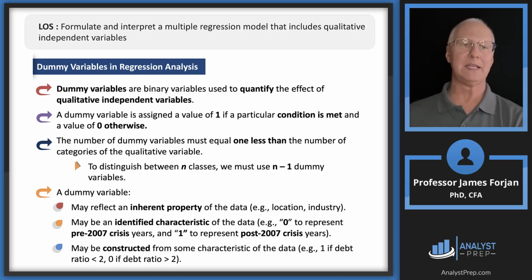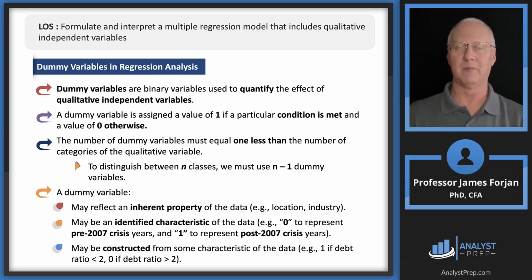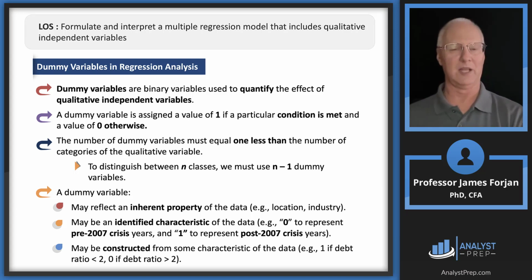It would be ideal if we could come up with some rate of perfect transformation from a qualitative variable into a quantitative variable, and then we wouldn't have to worry about these kinds of extensions of the multiple regression model. But of course, we can't.